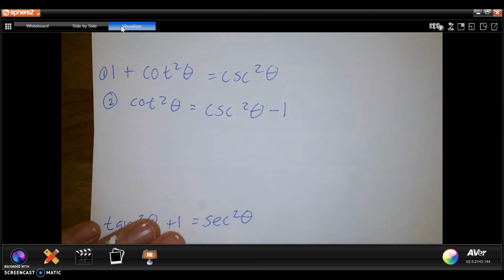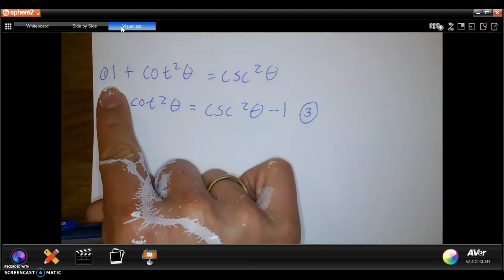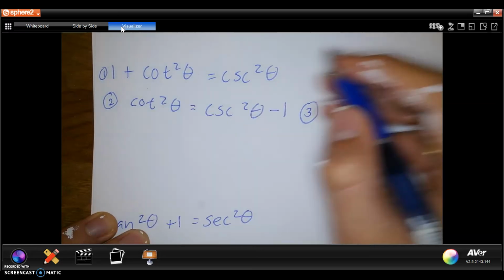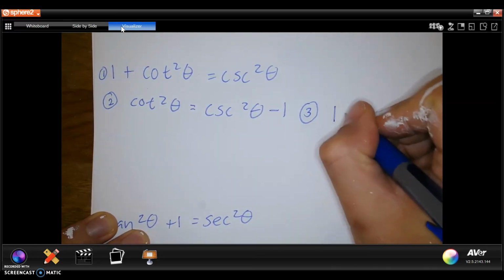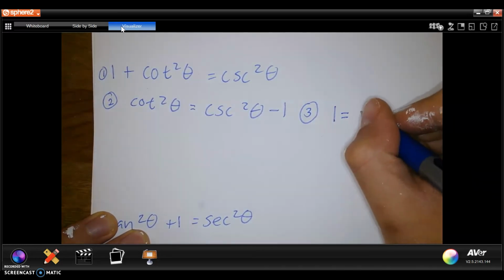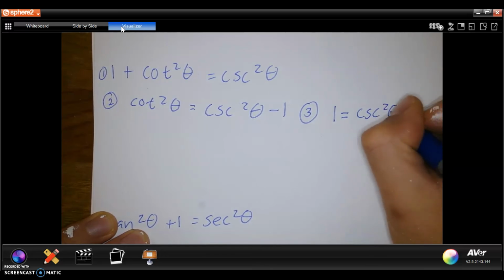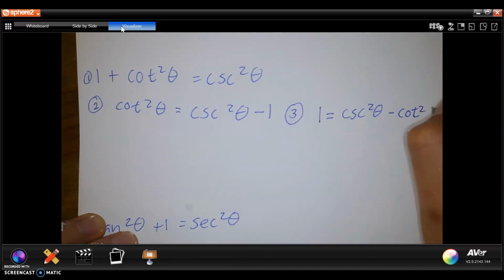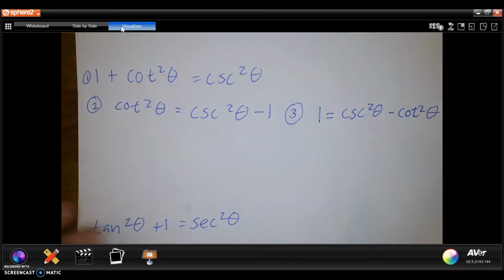The next way, which we won't see very often, is solving for 1. To do that, we would subtract cotangent squared, so 1 equals cosecant squared theta minus cotangent squared theta. That way we can see all of the variations without doing that arithmetic during a proof, because the proofs are hard enough.